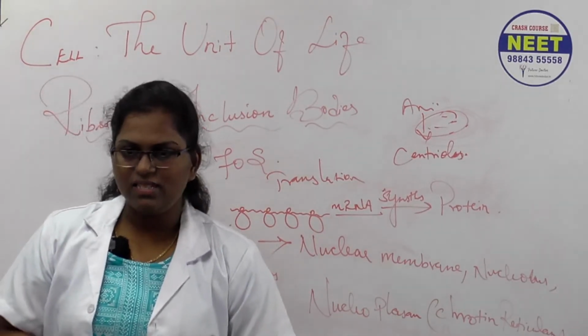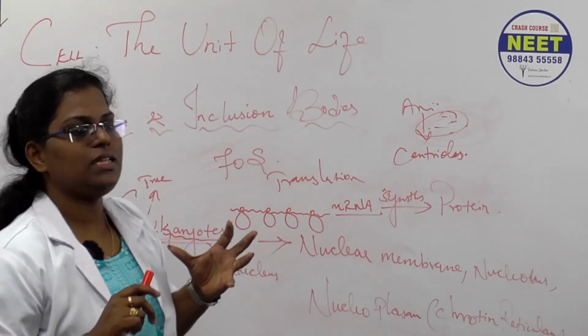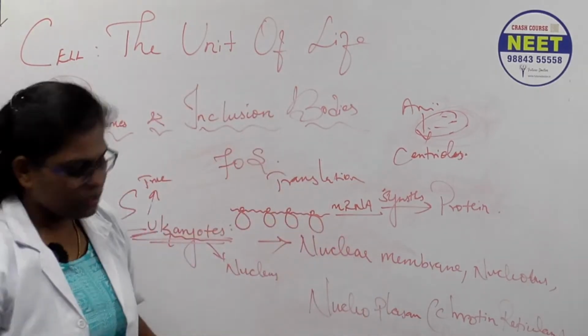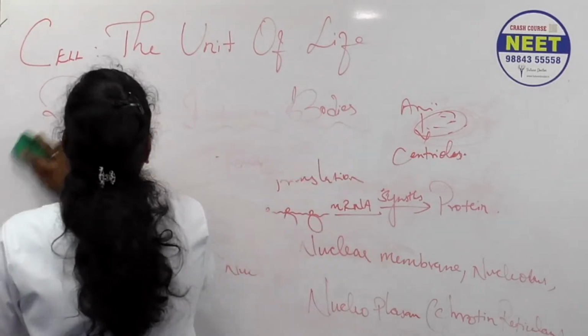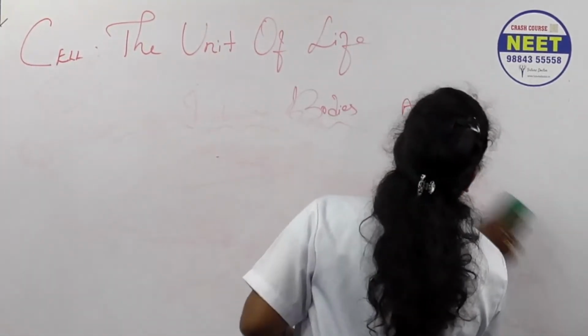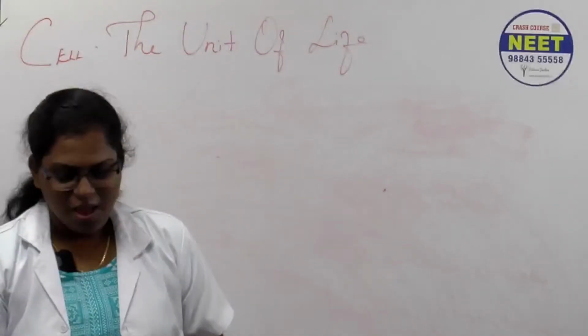And chloroplasts give color to the plant, right? They are present in the plant cell and absent in animal cells. These are all the differentiations. Now you all are going to tell the differentiation of eukaryotes and prokaryotes.